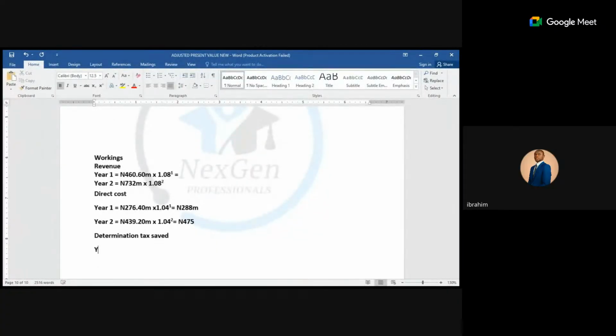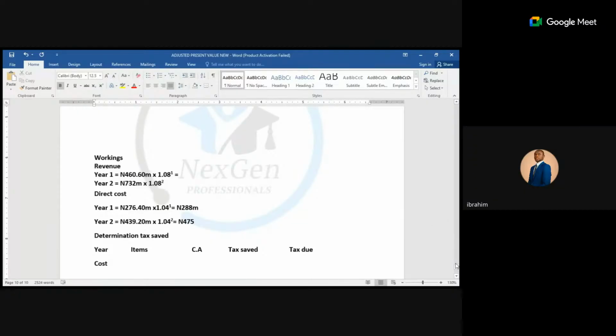We have the year, items, the capital allowance. Please don't write CAO. CAO means what? Continuous assessment. Tax saved. Then the tax due. We have the cost of the machine.